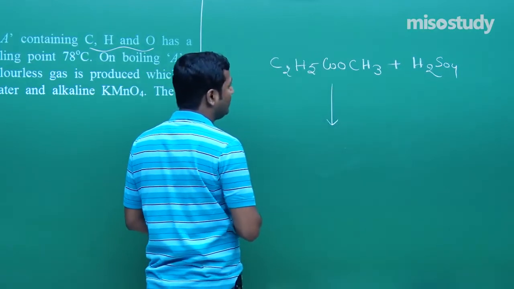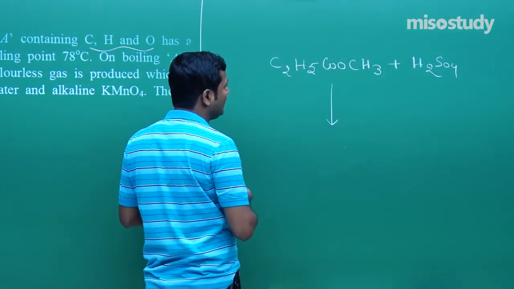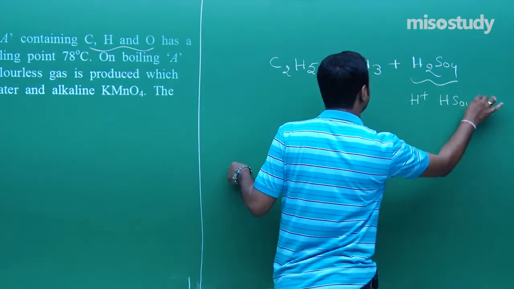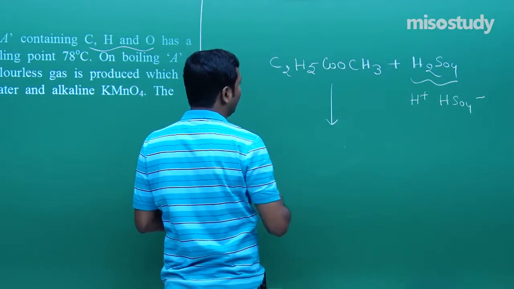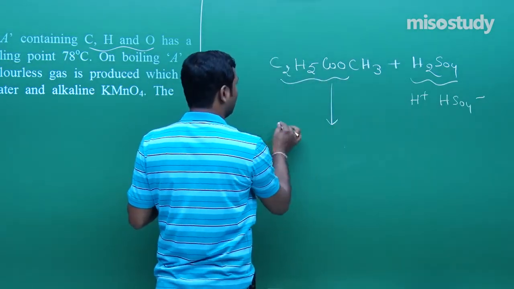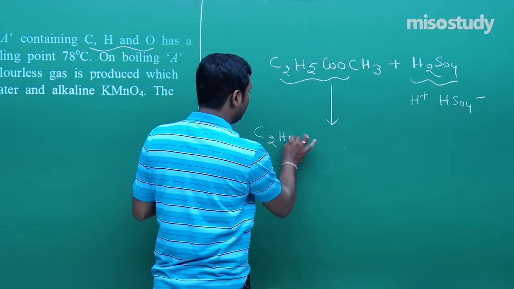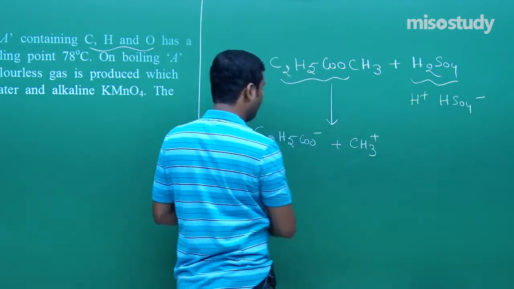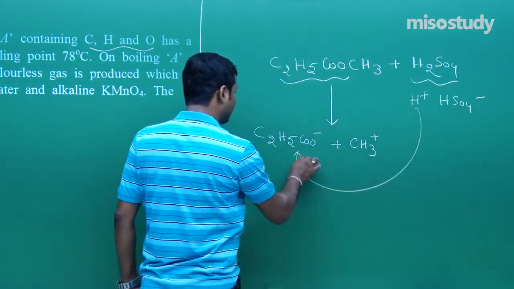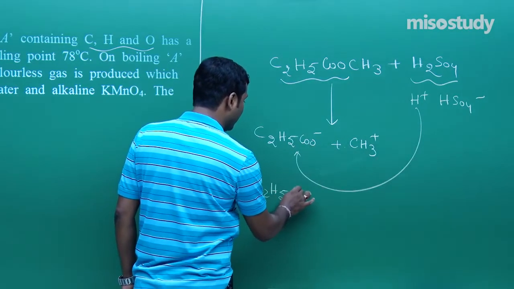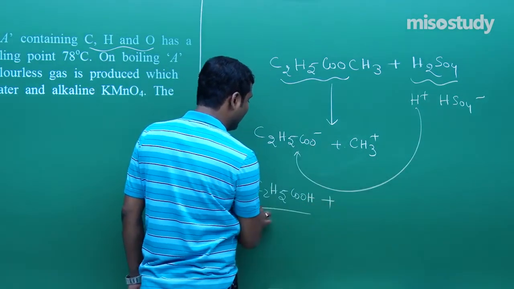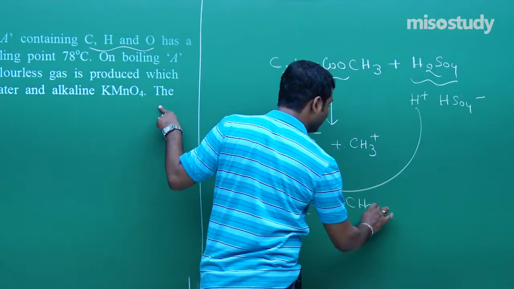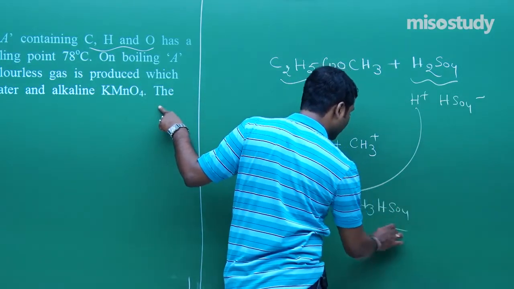But if it reacts with H2SO4 like this, H plus and HSO4 minus, it can break like this, C2H5COO minus and CH3 plus. Now if H moves here, it gives C2H5COOH, and the next product is CH3HSO4.